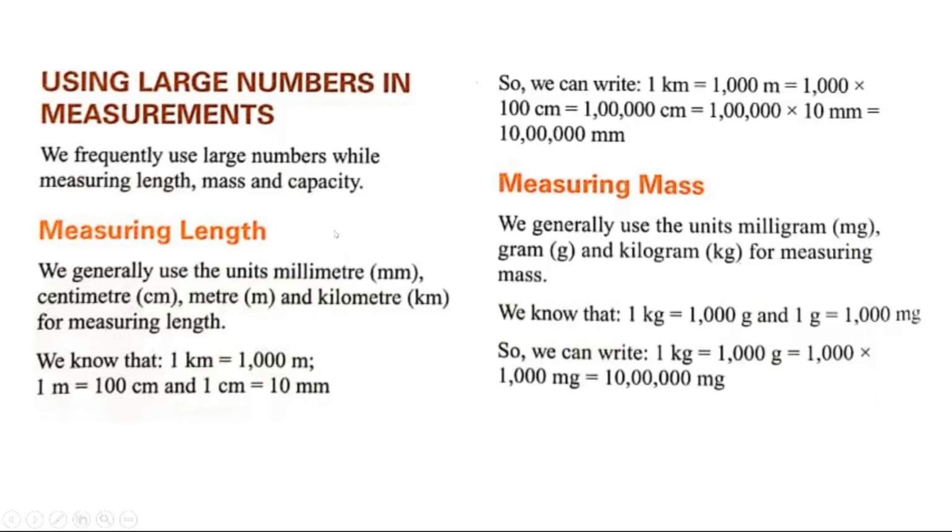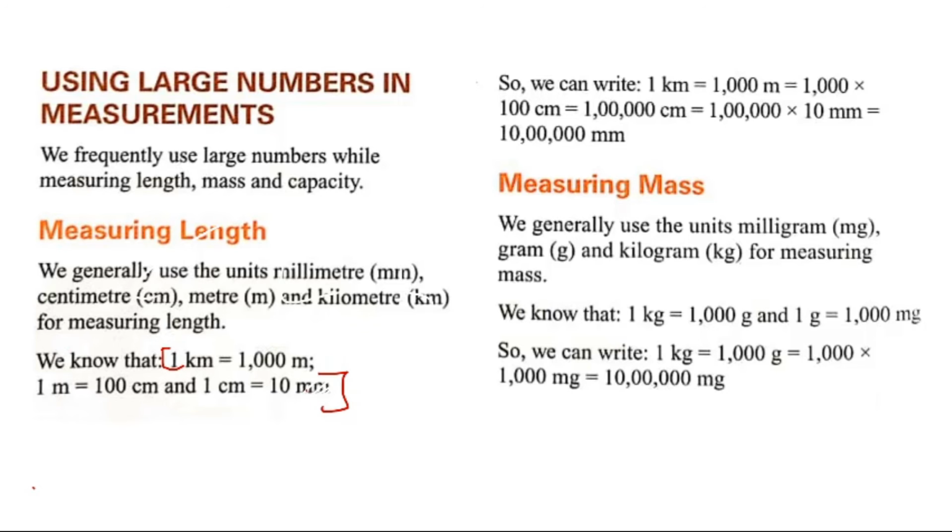So 1 kilometer is equal to 1000 meter, and 1 meter is equal to 100 centimeter. So 1 centimeter is equal to how much? 1 centimeter is equal to 10 millimeter. So you have to learn this measurement so that you can solve the sums easily.